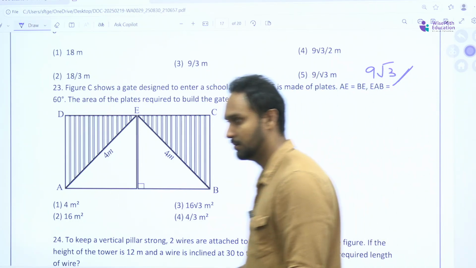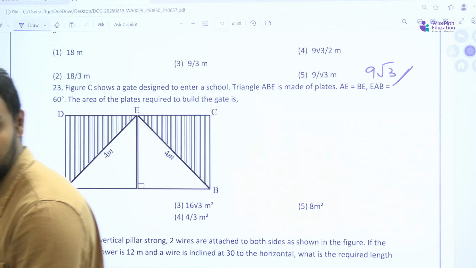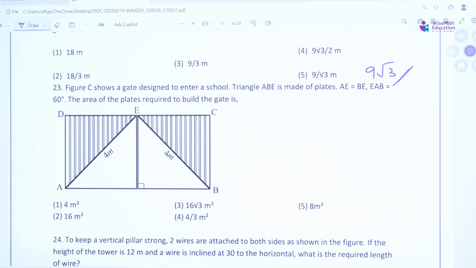What the hell? Just a second. Something happened to the Zoom.